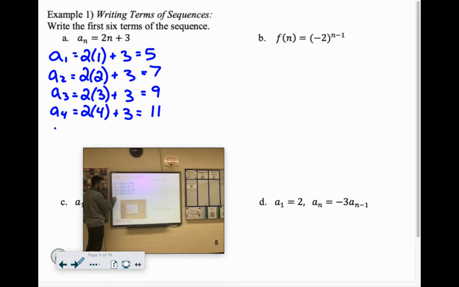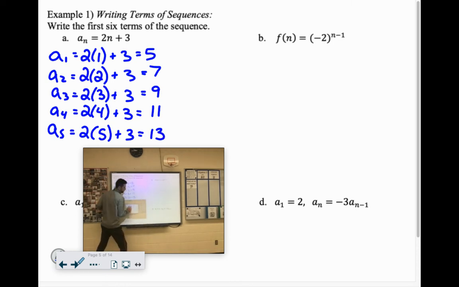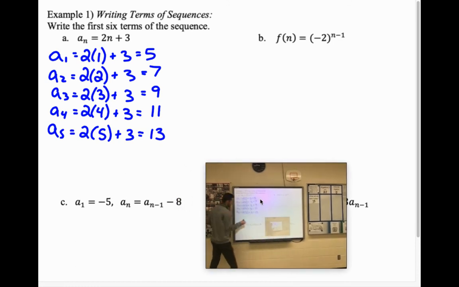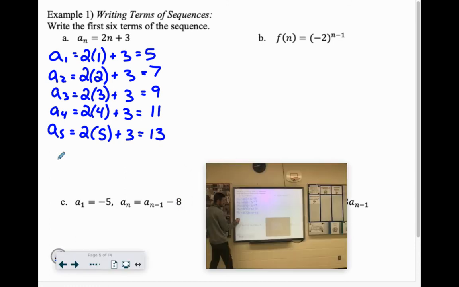Alright, a sub 5, 2 times 5 plus 3, 2 times 5 is 10, plus 3 is 13. I am going to move myself. And the sixth term, a sub 6 is 2 times 6 plus 3. 2 times 6 is 12, plus 3 is 15.